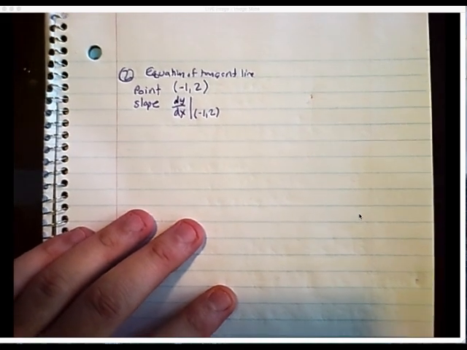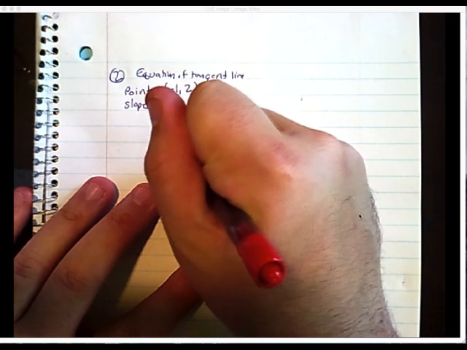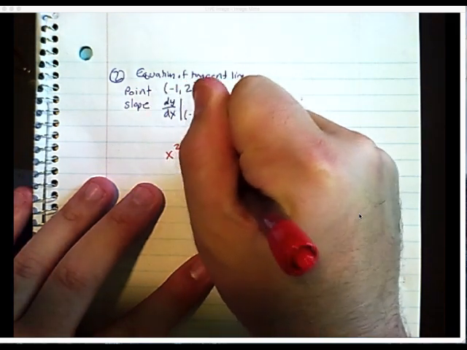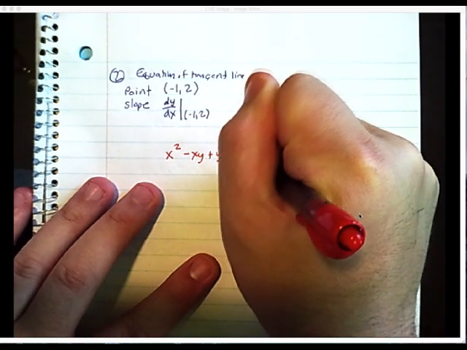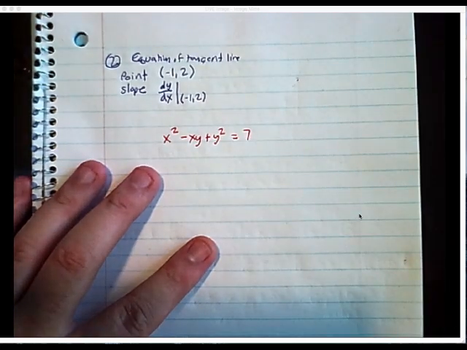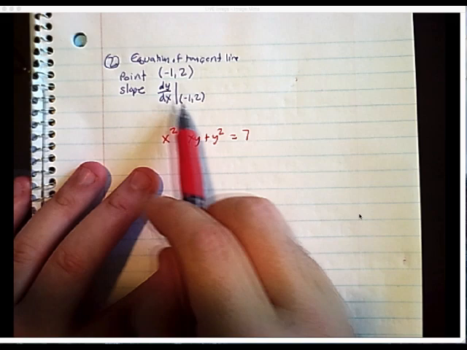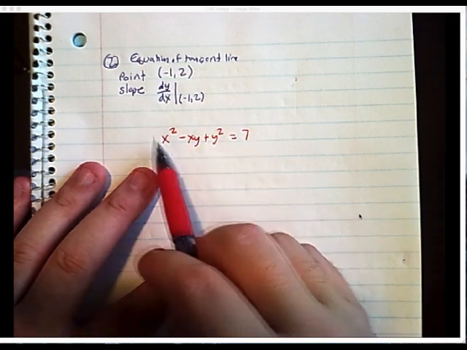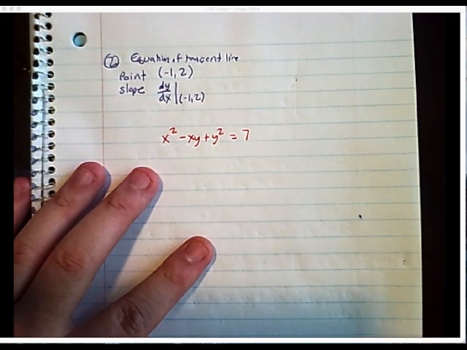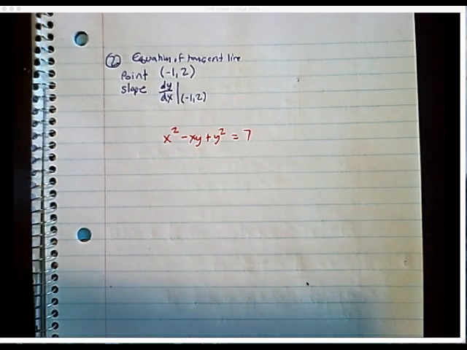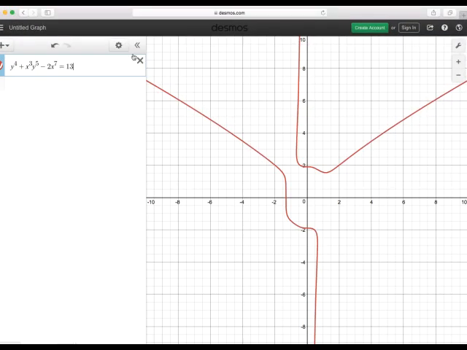So I'm going to show you how, and the relation here was x squared minus xy plus y squared equals 7. So before I find the derivative at that point, I have to find the derivative for all x and y values.